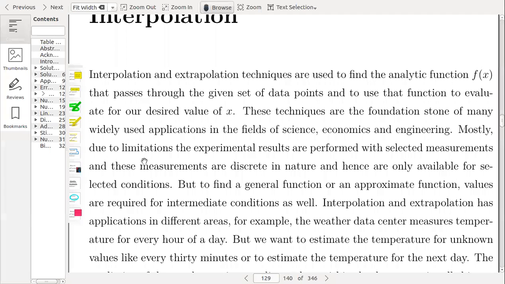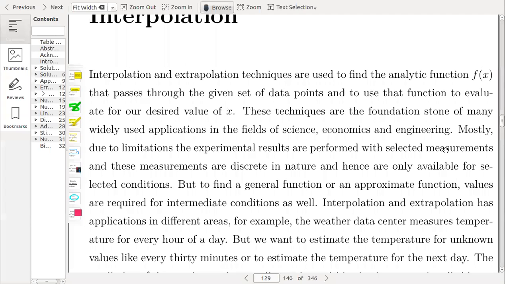Mostly due to limitations, the experimental results are performed with selected measurements, and these measurements are discrete in nature and hence are only available for selected conditions.